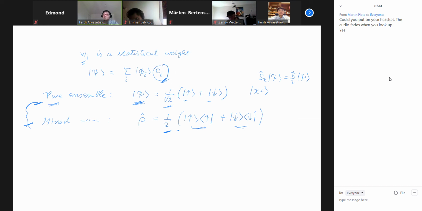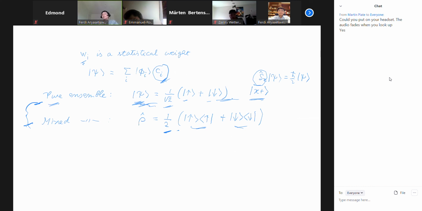However, if we make measurements now along the x direction, then it will be different. In the case of the pure ensemble, we always find the particles to be in the spin up state, because this is an eigenstate of Sx, the spin up eigenstate in the x direction.